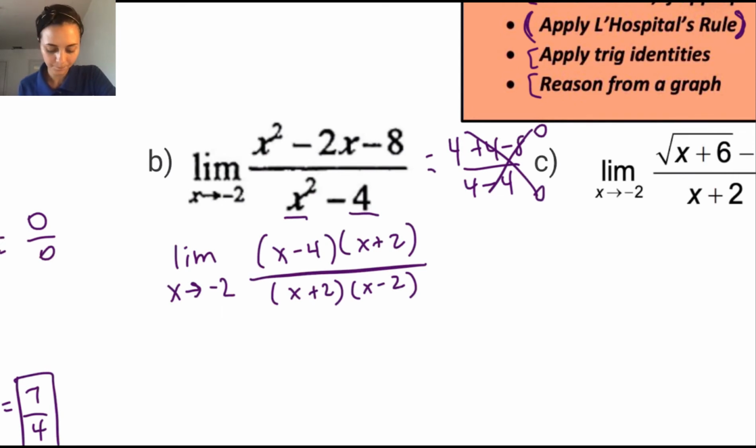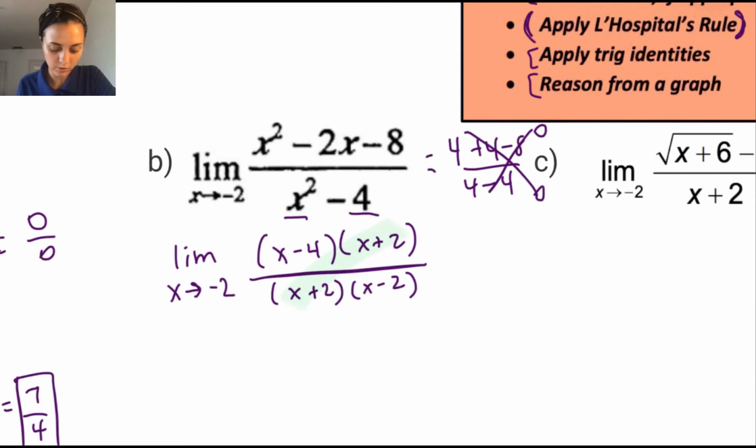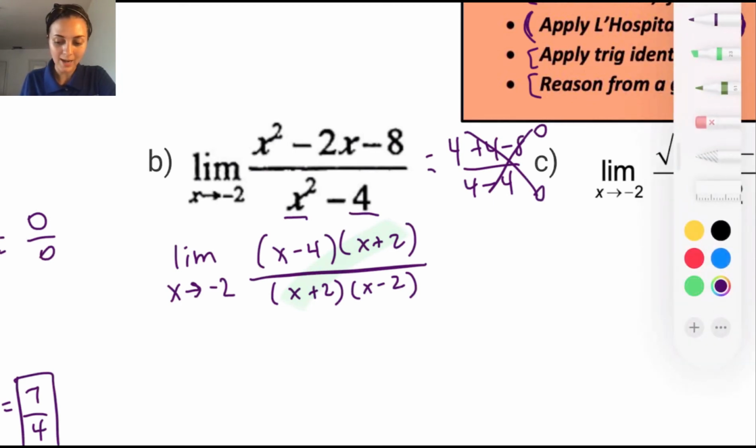Perfect square. And look, the thing that caused my issue can be canceled out. If I were to try to plug in -2, I'd get -2 plus 2, that's 0 over 0, but I can cancel that out. So again, I know that there's actually a hole at -2.